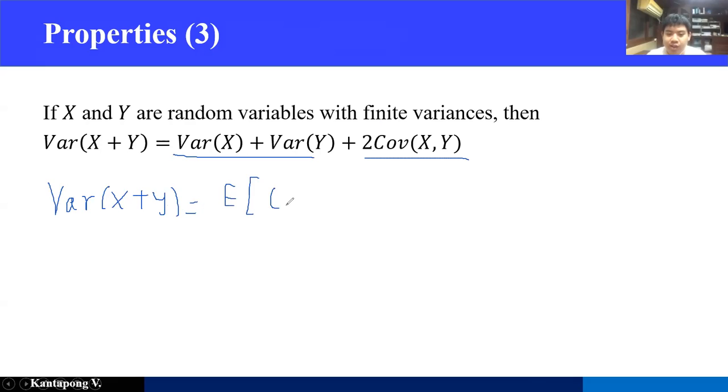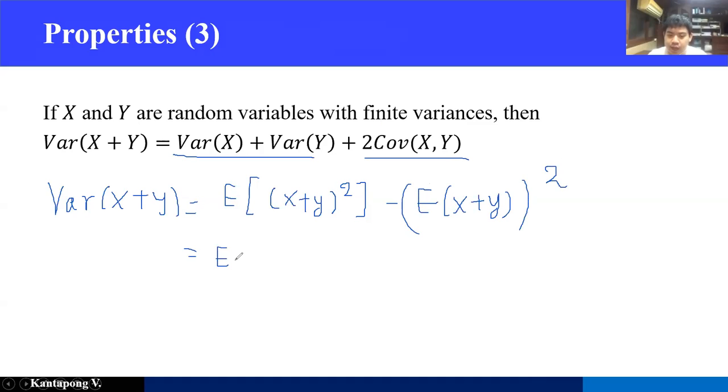x plus y squared, minus E of x plus y, squared.